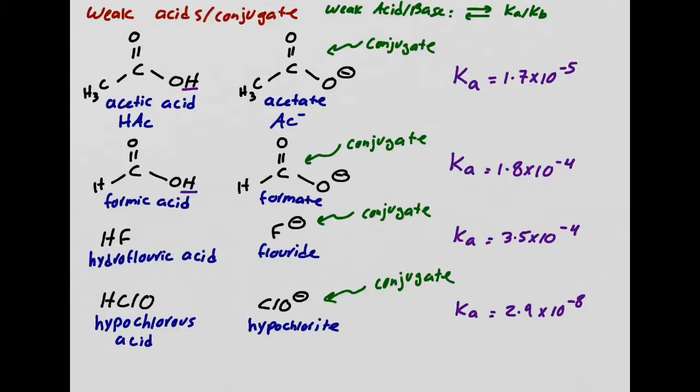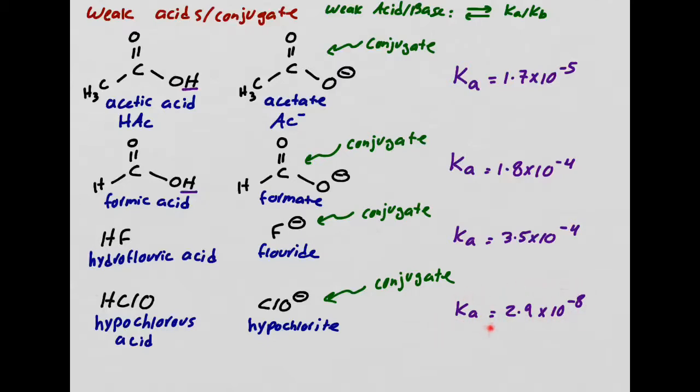And product means H+, right? Because when the acid dissociates, it's going to form H+. So we said the larger the Ka value, the more H+, the more hydronium you have, and the stronger the acid is. So if I'm looking for the weakest weak acid, I would pick the one with the smallest Ka.